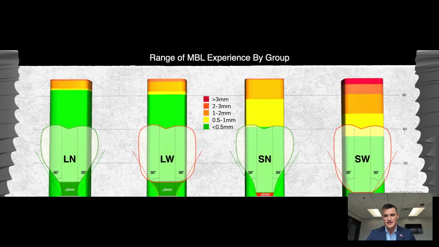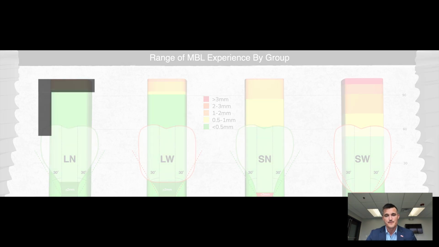When you see here in that short wide group, 50% of these implants had less than half a millimeter of bone loss. It's not a 100% thing. So when you see a short wide group implant radiograph in your clinic and there's no bone loss, that doesn't mean this study is wrong. It very likely means that the implant is falling into these groups accurately. So just bear that in mind.